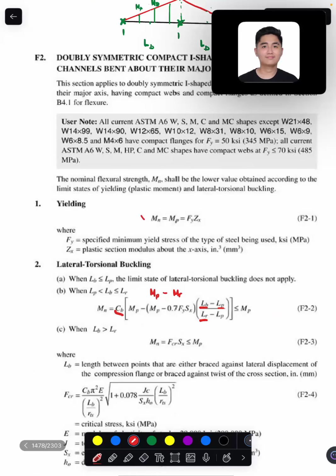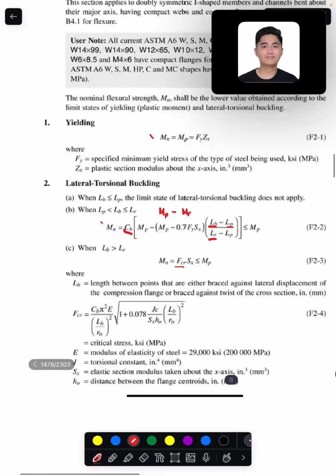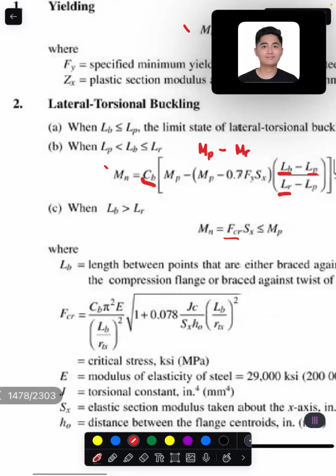So plastic yielding yung mag-govern. So you're interpolating between those two values. And if greater than dun sa slender na limit ng length yung unbraced length mo, kailangan mo na mag-identify ng tinatawag na F critical.